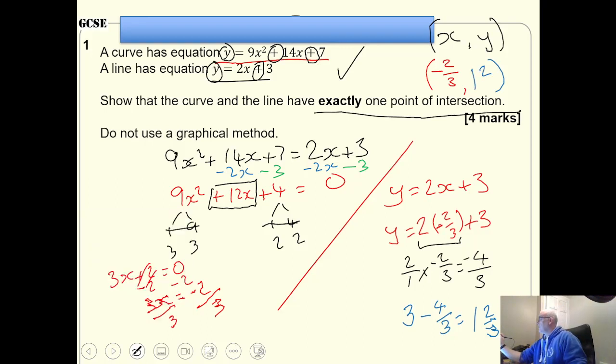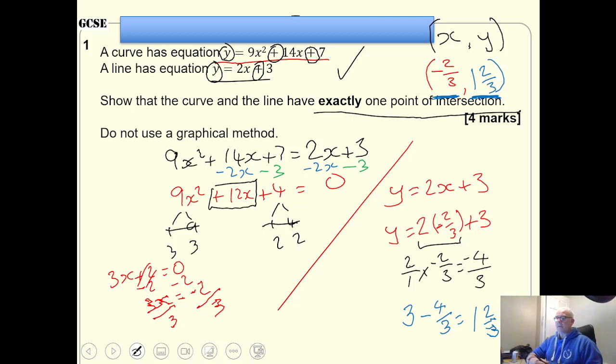So my coordinate for the point of intersection is negative 2/3, 1 and 2/3.